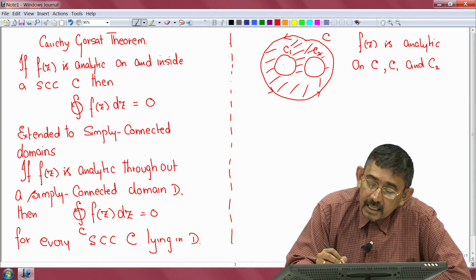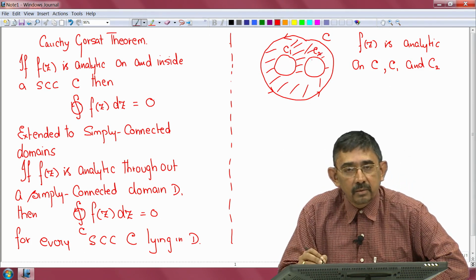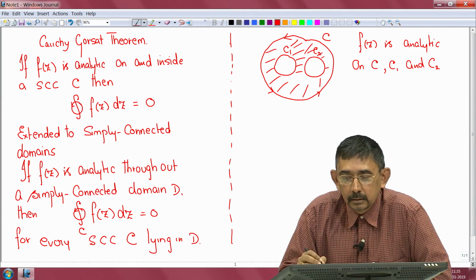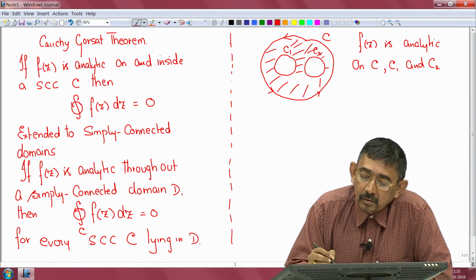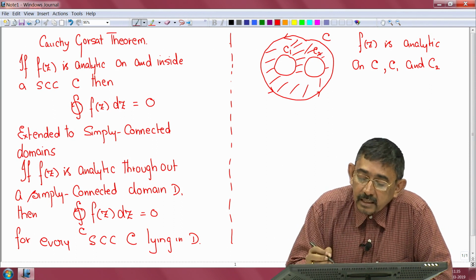The regions inside C1 and inside C2 are excluded.